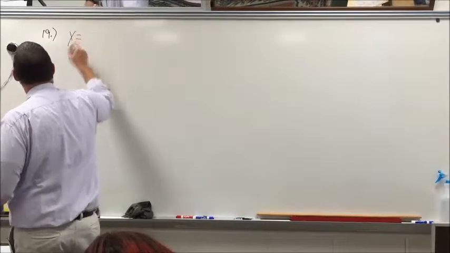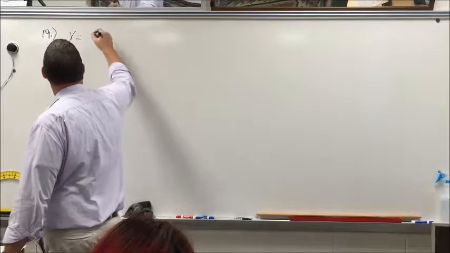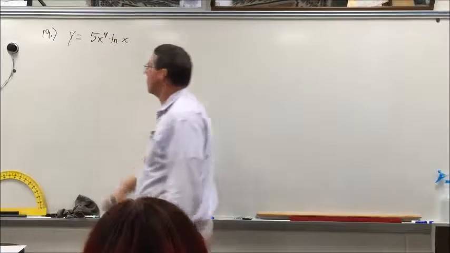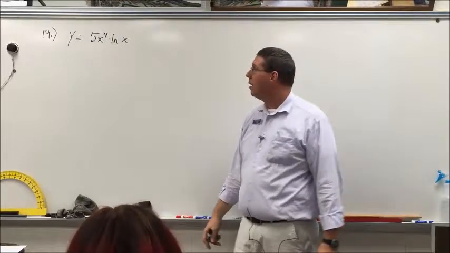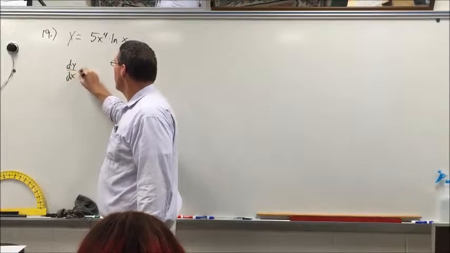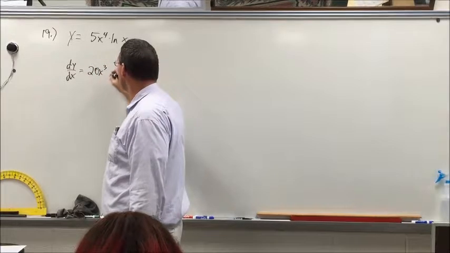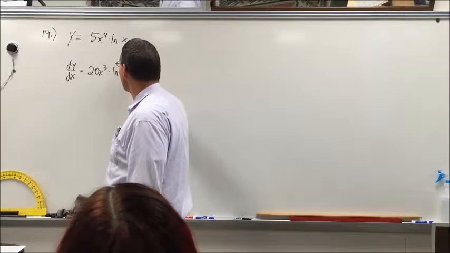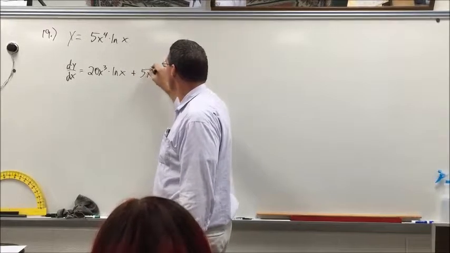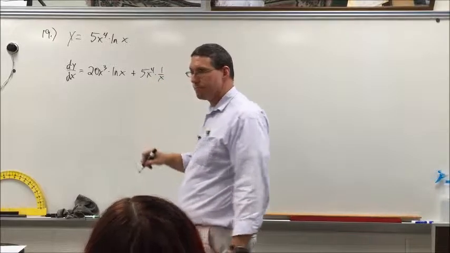So let's look at question number 19. 19 says that y is equal to, you're saying product rule, 5x to the 4th, natural log of x. Sure enough, we got a multiplication here. This is a product rule. So, dy/dx is going to be derivative of the first, 20x to the 3rd, times the second, natural log of x, plus the first, not change, 5x to the 4th, times the derivative of the natural log of x, which is 1 over x.